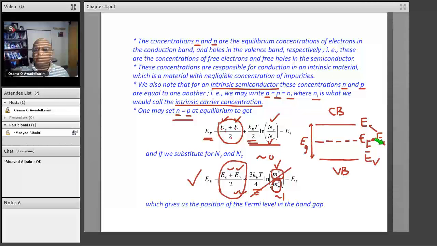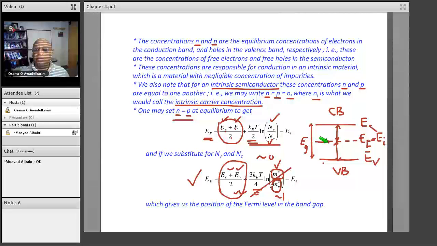So the Fermi level in an intrinsic semiconductor is around the middle of the band gap. So it's a statistical parameter. It tells us that all states below the Fermi level are occupied, all states above the Fermi level are empty.